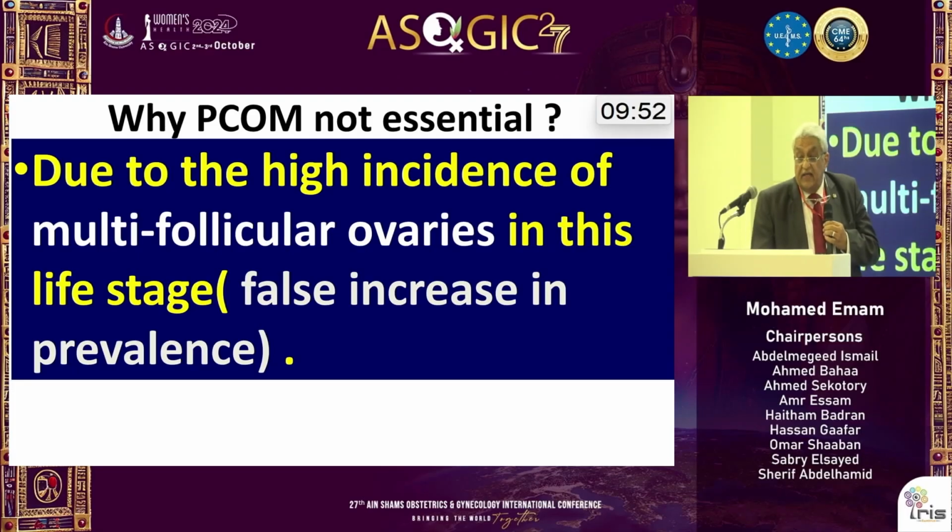Due to the high incidence of multifollicular ovaries in this life stage, which leads to a false increase in the prevalence. What is a multifollicular ovary? A multifollicular ovary is an ovary filled with follicles of more than 9 millimeters, but polycystic ovarian morphology occurs only when the follicles are from 2 to 9 millimeters. If the follicles are more than 9, it is not polycystic ovarian morphology.